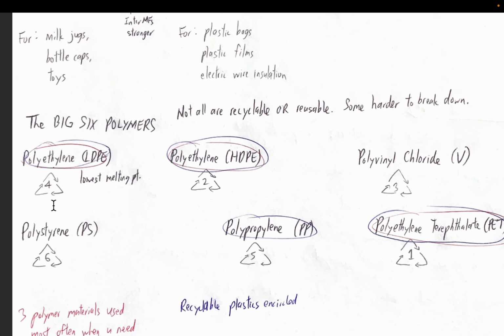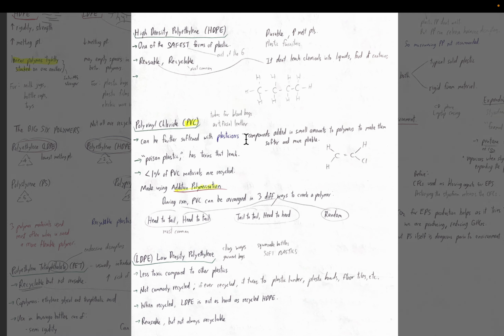So, out of the 6 big polymers, not all of them are recyclable or reusable. Based on what's already been tackled a while ago, it's already been clear that in the case of HDPE, you can recycle, you can reuse. For polyethylene, you can reuse, but recycling isn't common. For polyvinyl chloride, what did it say again?